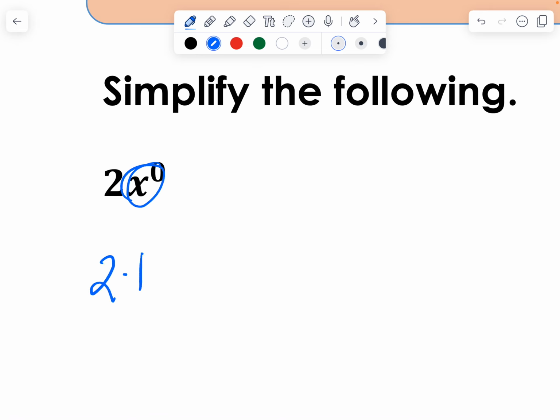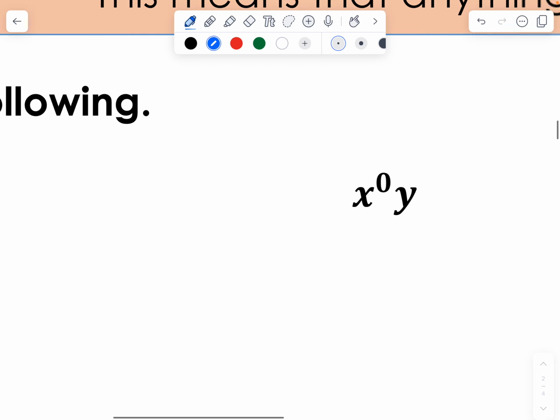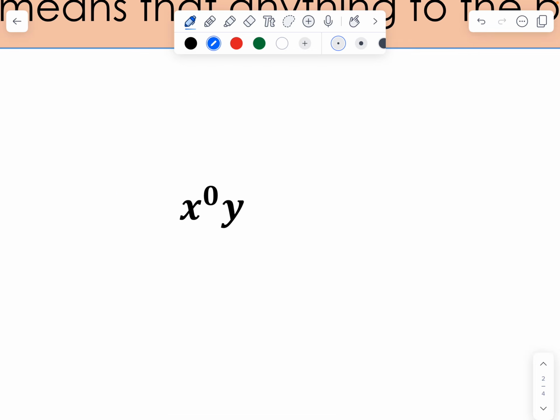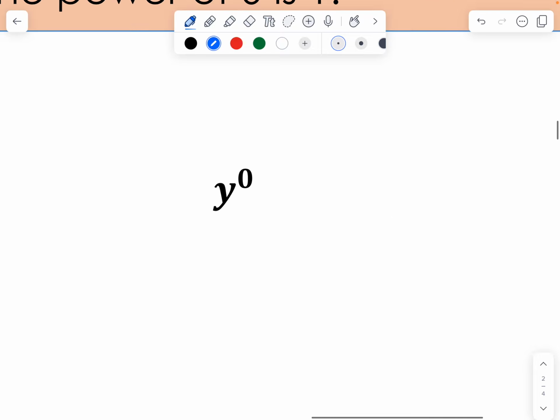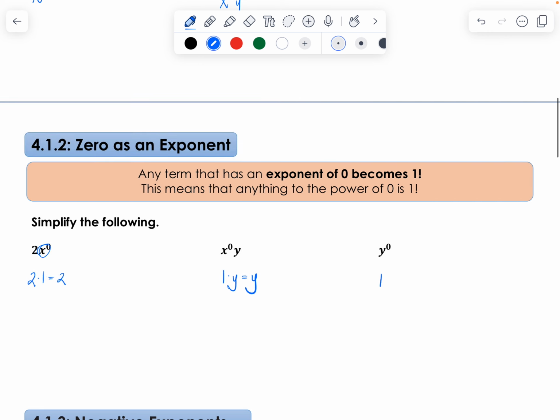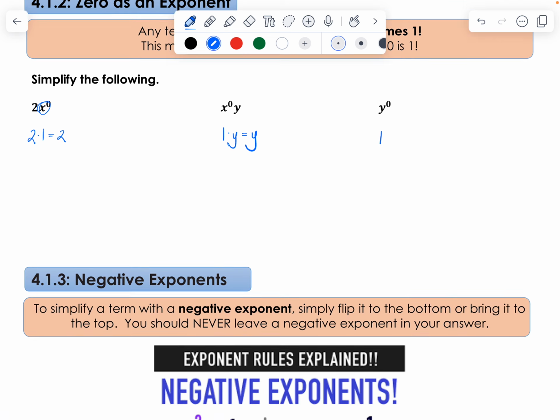So we'll have 2 times 1, which is 2. All right. Here we have x to the 0 power, which will become 1, times y is just y. And then here we just have y to the 0, which becomes 1. All right, so 0 as an exponent. Any term that has an exponent of 0 becomes 1.